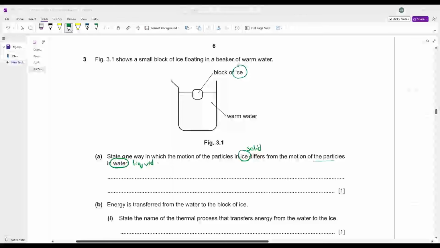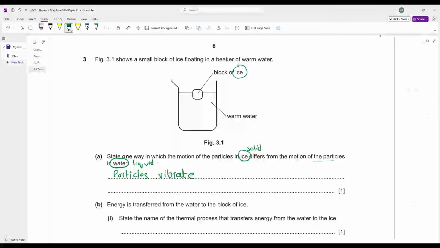So you can say the molecules or particles vibrate about their fixed position. Simple. Let's further move ahead.